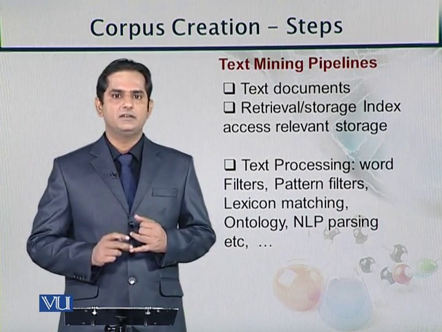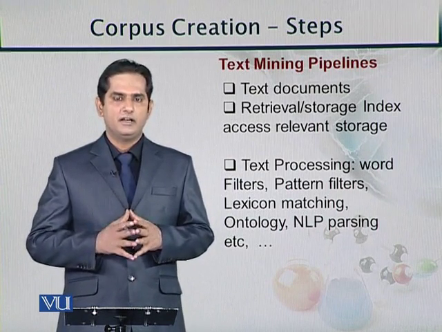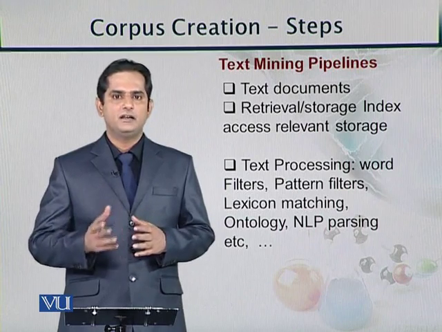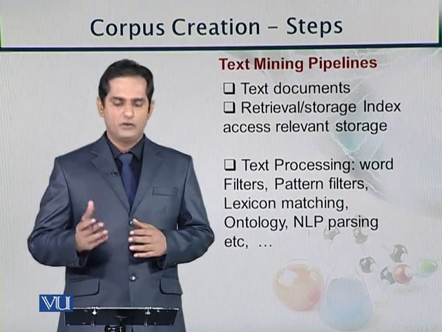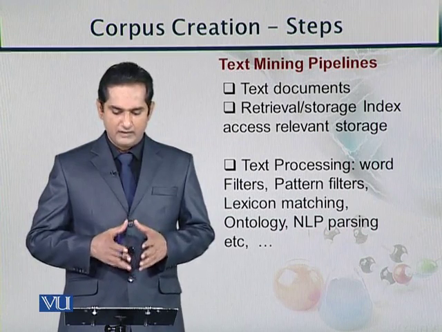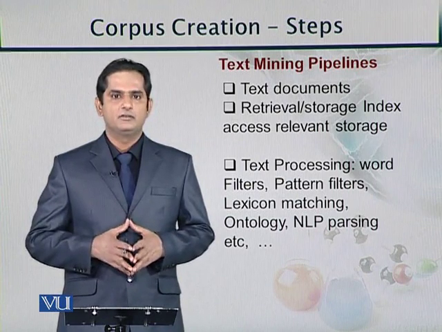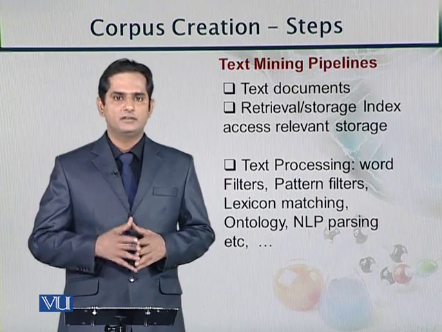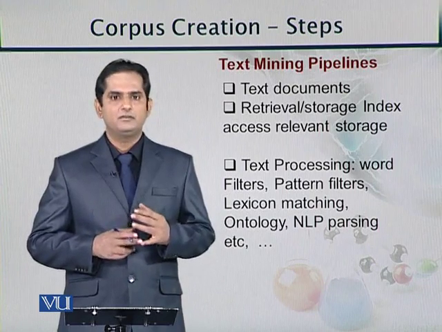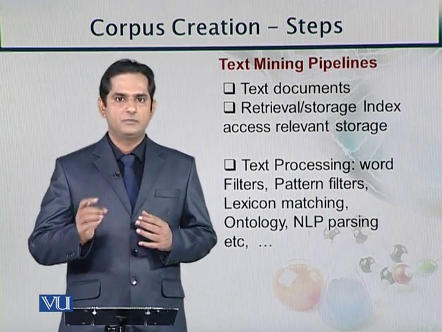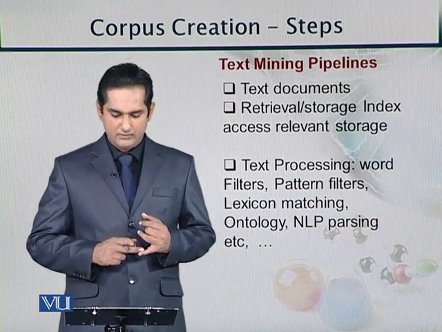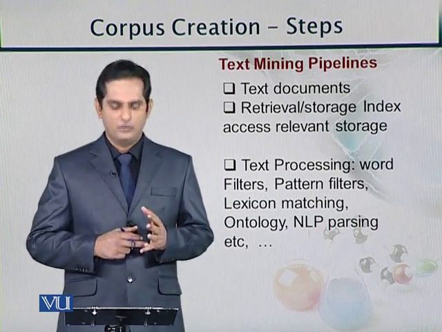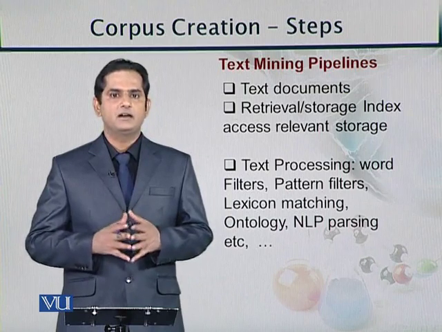Indexing is basically assigning some label or text to those documents so that they can be efficiently retrieved for further usage. And then we want to have text processing. For text processing, we apply different techniques such as word filters. Word filters mean that we want to find specific words. Then we have pattern filters, lexicon matching, ontology, and then NLP parsing techniques.